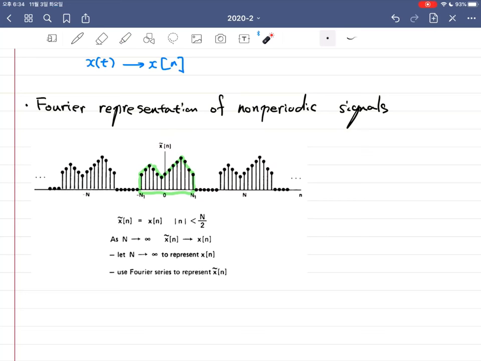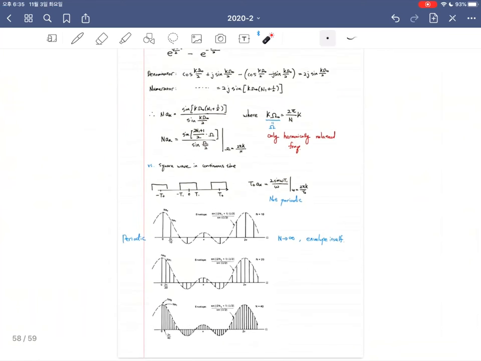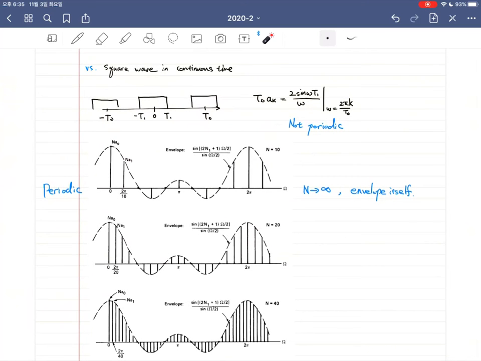And as I increase this period n to infinity, like we did with this example, we already obtained this envelope. We observed that the interval between the ak becomes smaller and smaller, which means it gets denser. So it'll become the envelope itself.